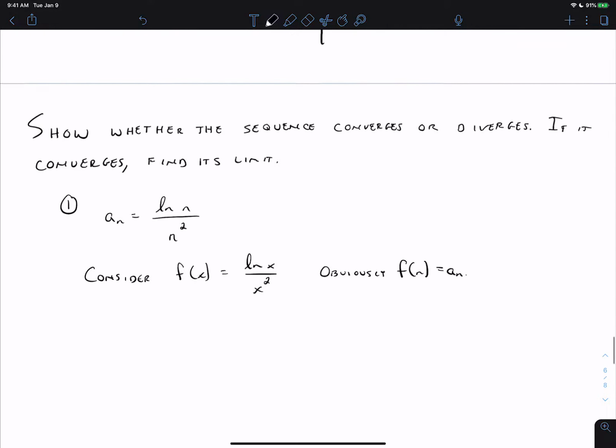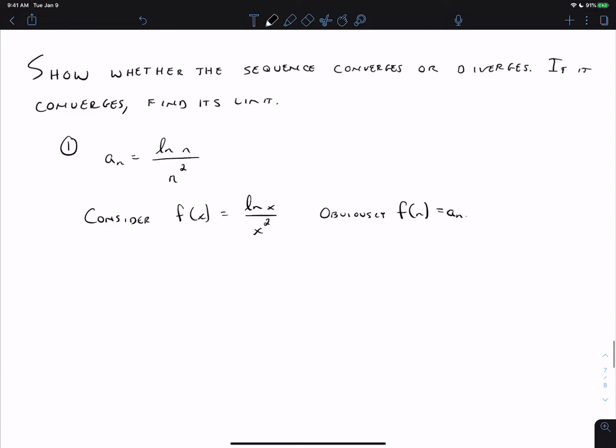Now we're going to look at the limit of the function. The limit as x approaches infinity of natural log x over x squared is in the form infinity over infinity. L'Hopital's rule says we can take the derivative of the top and the derivative of the bottom, and the limits of those two expressions are the same.